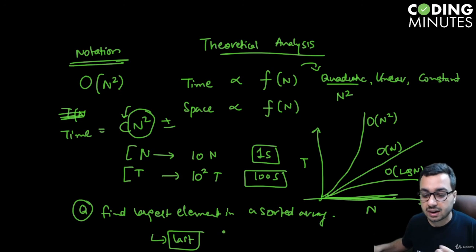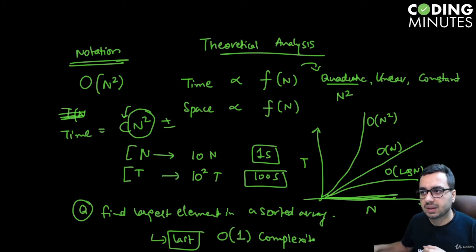So we can find the largest element in constant time without iterating over the array. It will not depend upon how big the array is. So we can say it can be done in constant time, and constant complexity is written as order 1 complexity. That means your time does not change according to the input. So we can say this is nothing but O(1).